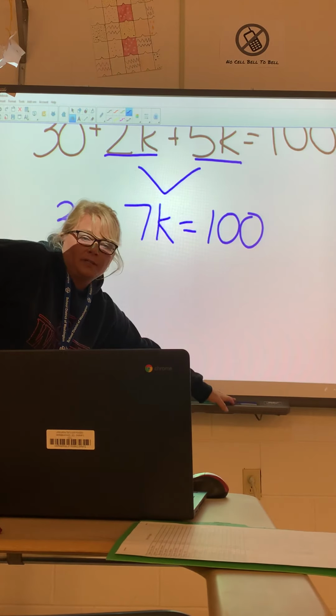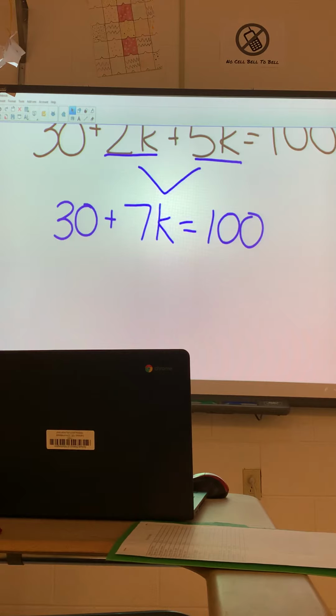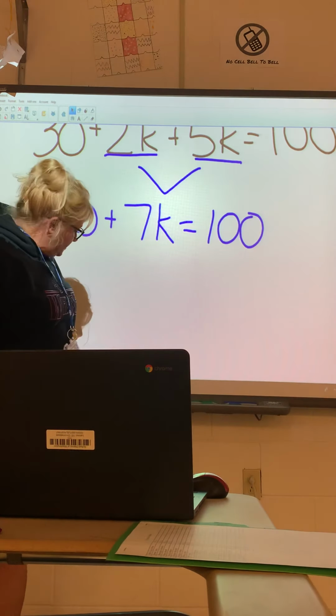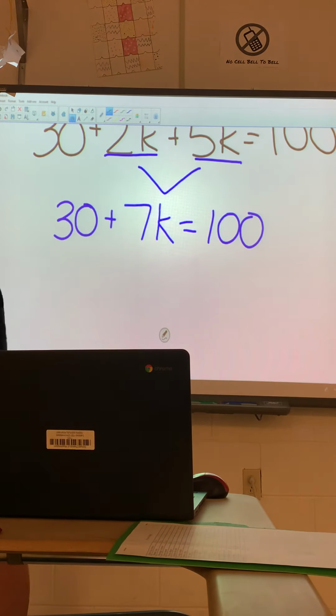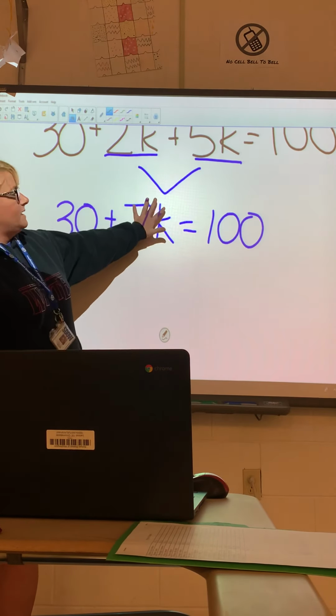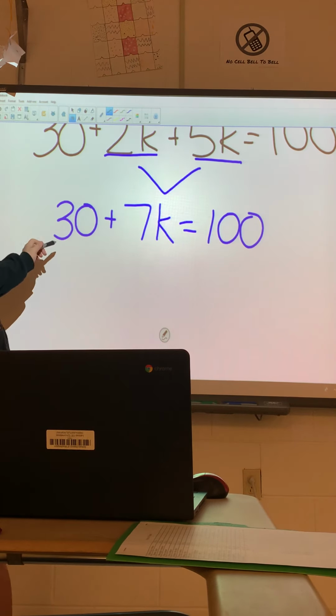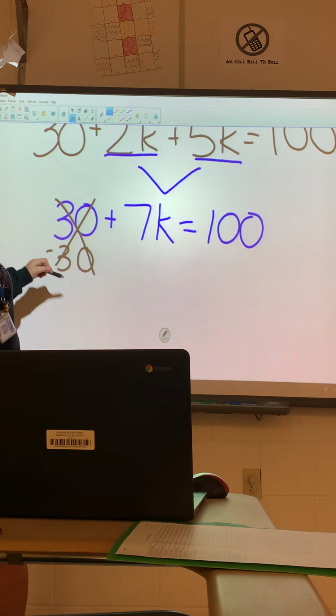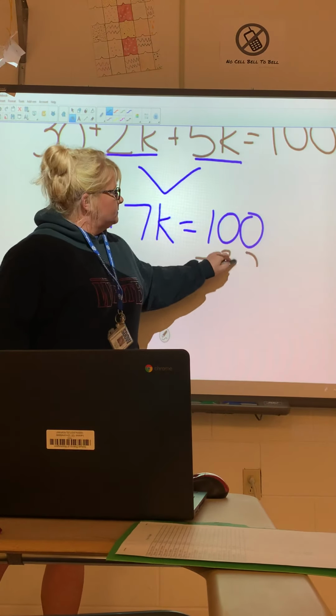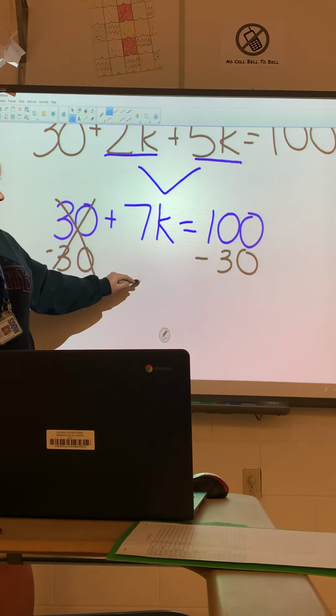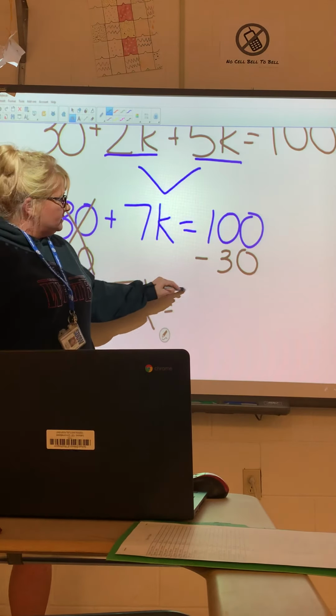Now this looks familiar, hopefully. We need to now get the K's by themselves by doing the inverse. We want to leave the 7K here first and get rid of 30. The way you do that is to take it away or subtract. Now you're left with the 7K equals 70.